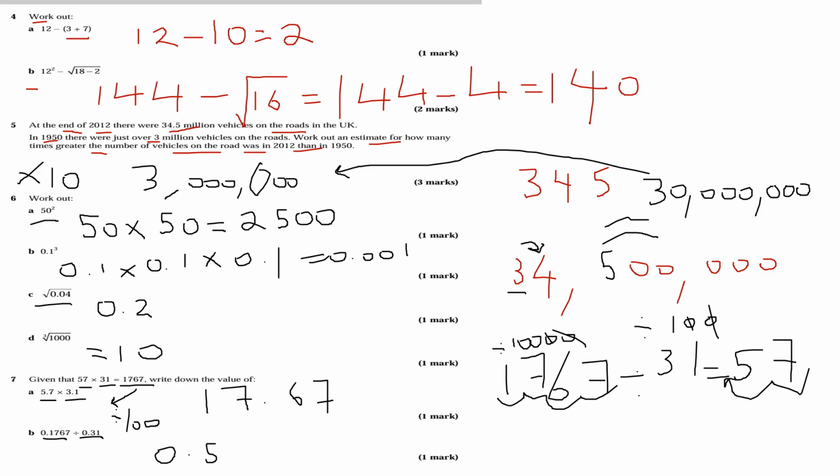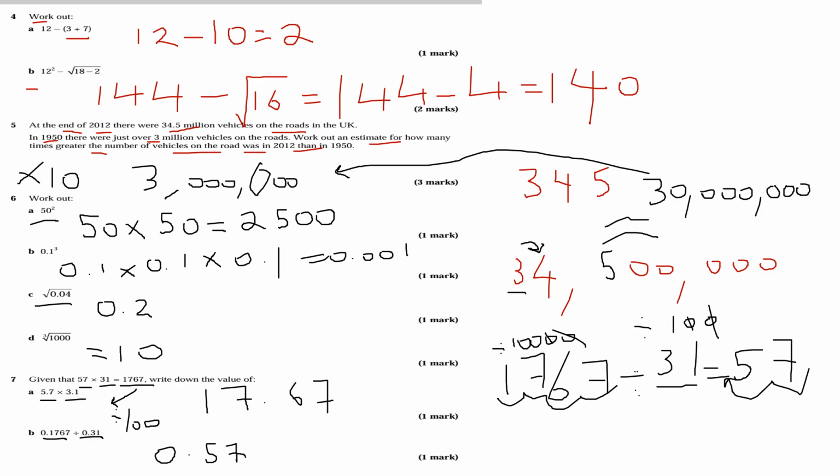The reason for that, guys, is that if you divide by a number between 0 and 1, your answer gets larger. The number I'm dividing by is getting smaller, so I'm actually going to end up multiplying by 100 here.